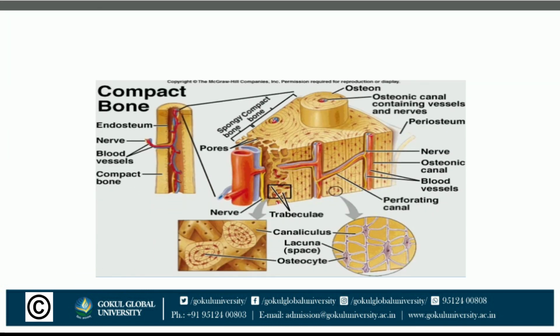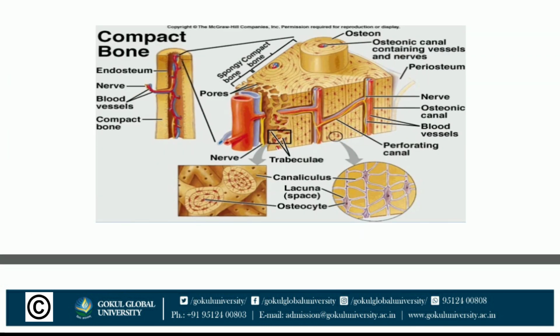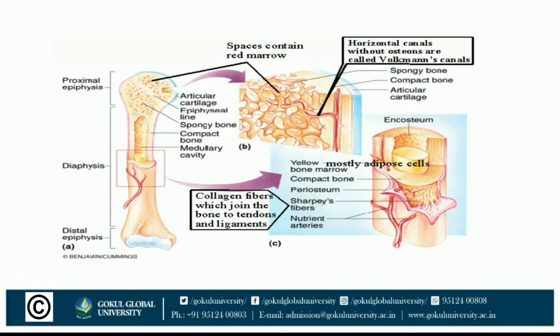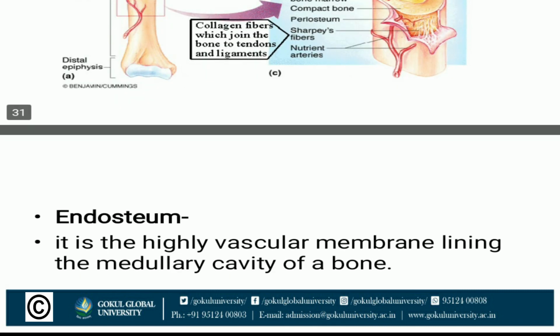In this diagram, you can see fibers of Sharpey. The arrow marking shows collagen fibers which join the bone to tendons and ligaments. Endosteum, yellow marrow mostly adipose cells, bone marrow, compact bone, periosteum, Sharpey's fibers, nutrient artery.